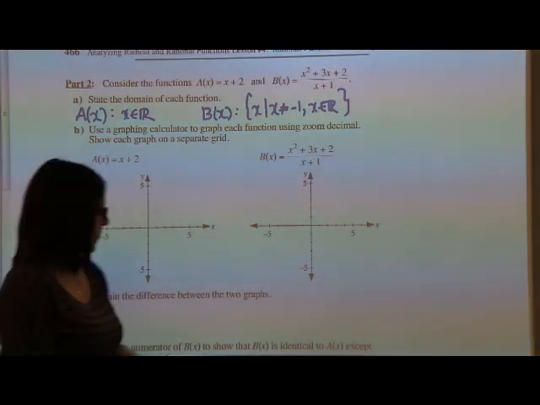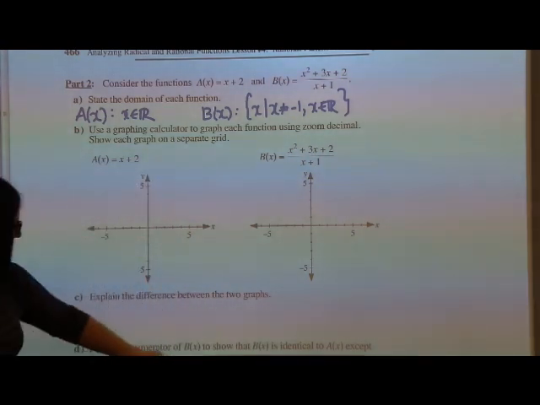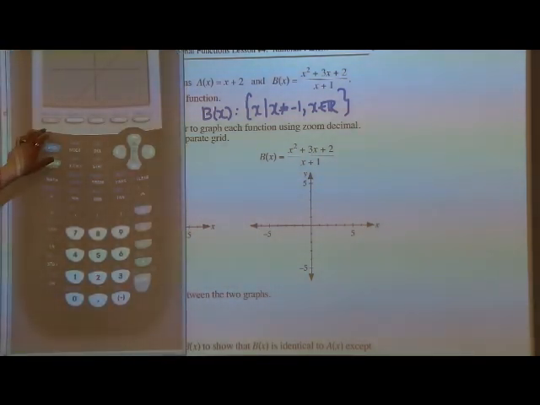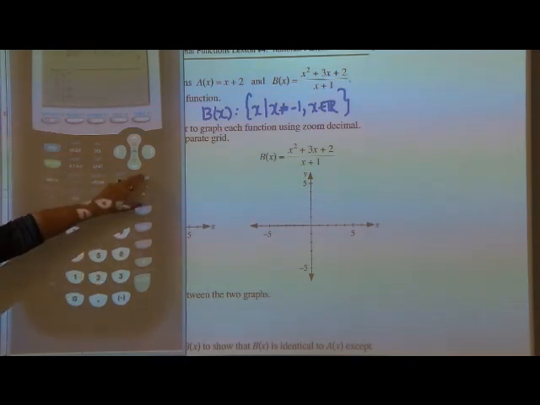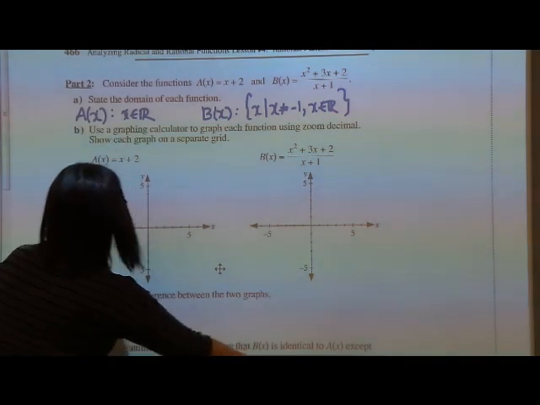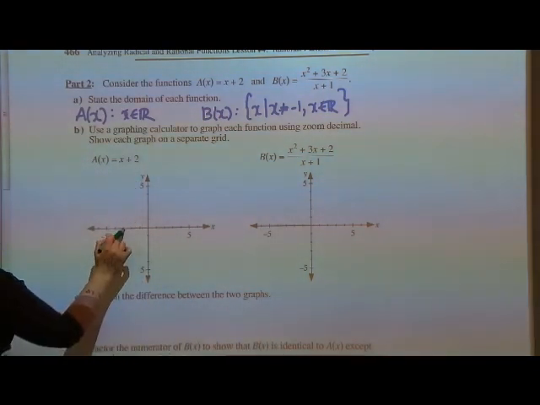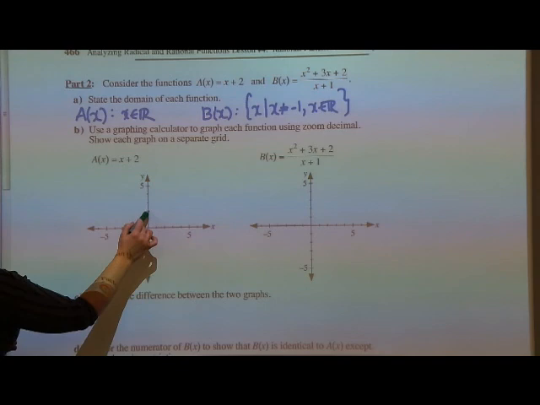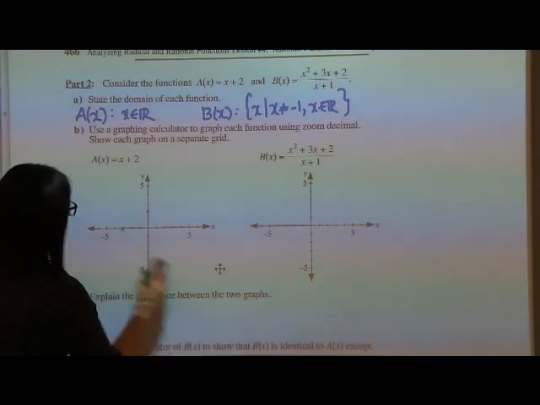Okay, so if we graph x plus 2 on our zoom decimal, there's my linear function. So I can sketch that. When x equals -2, I've got a 0. When x equals 0, I've got a positive 2.